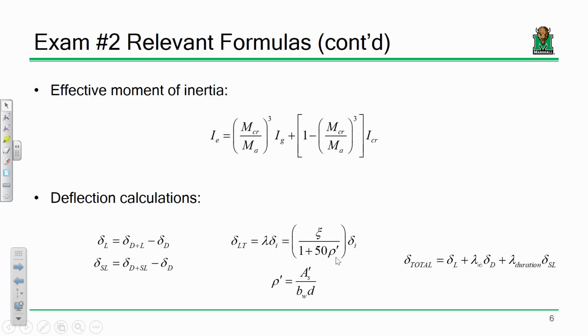Like what? Let's just characterize it. In this room, what's the sustained live load? The desks, the tables, the chairs, that station, the whiteboard, this TV that doesn't seem to want to work. That's the sustained live load. Whereas the full live load is essentially all that, plus the occupancy.